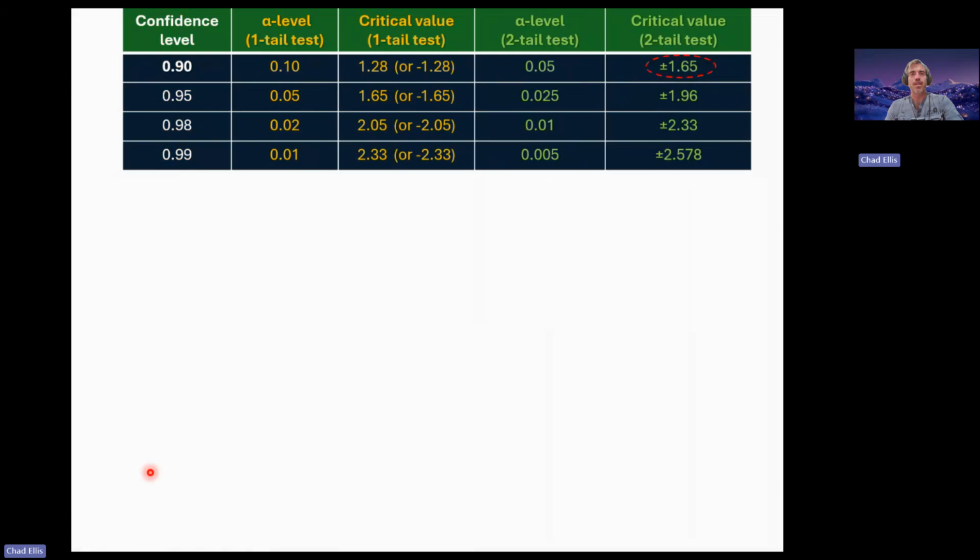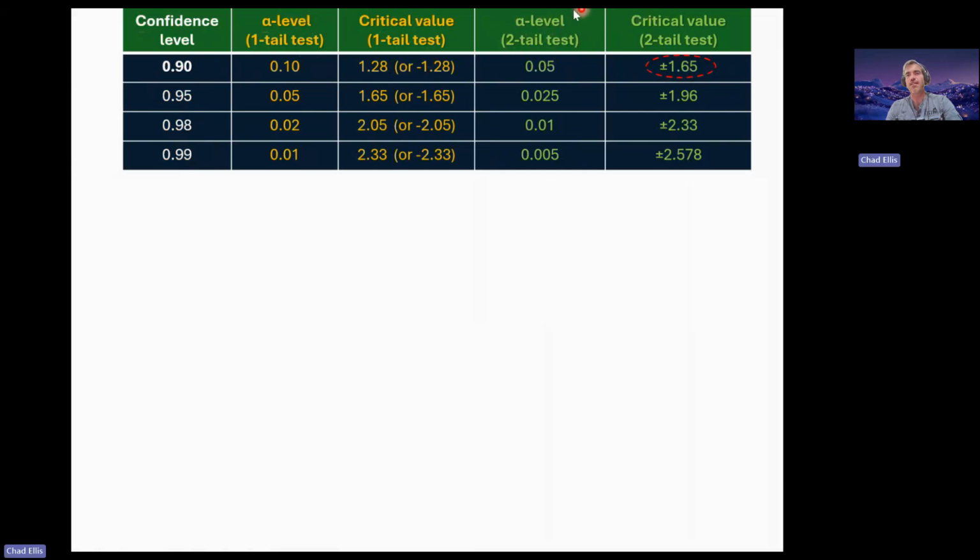So here's a table giving us our confidence level going from 90%, 0.9, up to 99%, and our alpha level for our one-tailed test. We'll get into what these mean in a little bit going through our examples here, our critical value. In the yellow here is for our one-tailed test, the directional test.